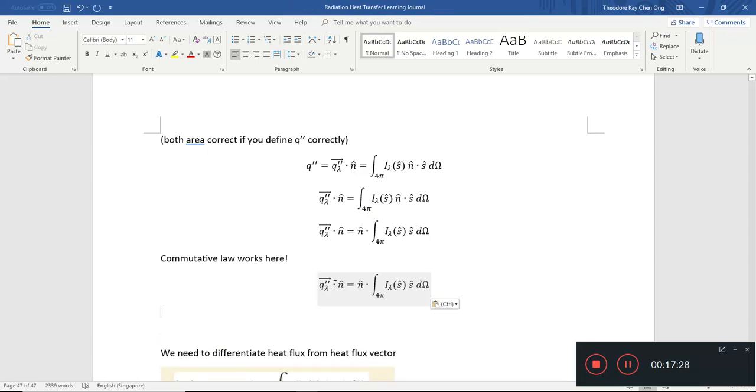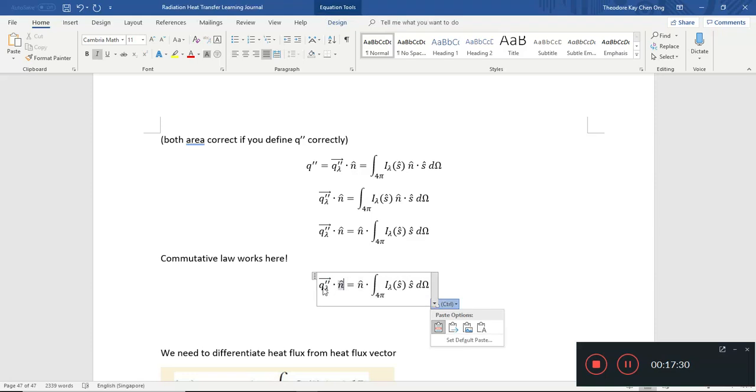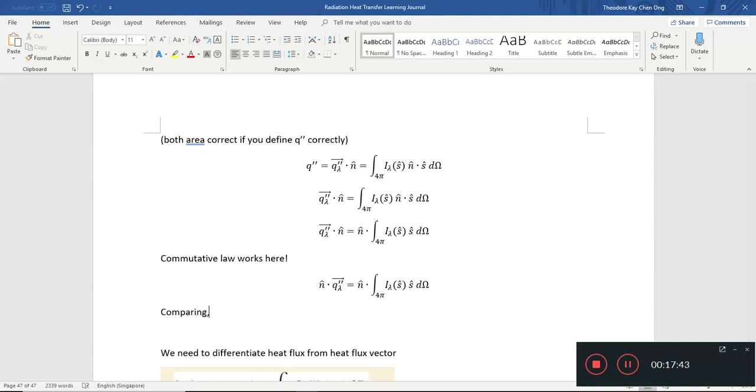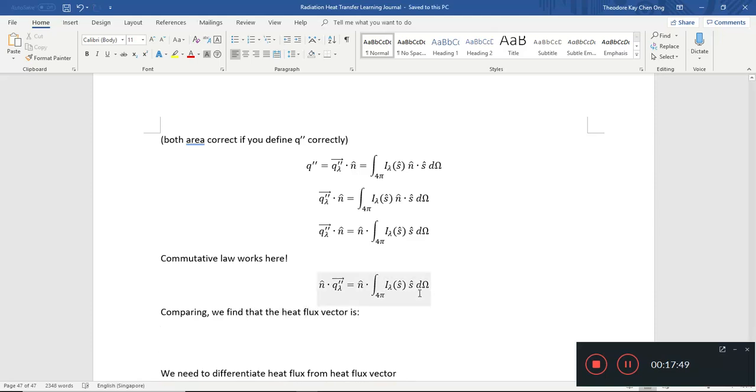So I'll just reverse the order of the right hand side. And basically we find that the heat flux vector is just this.